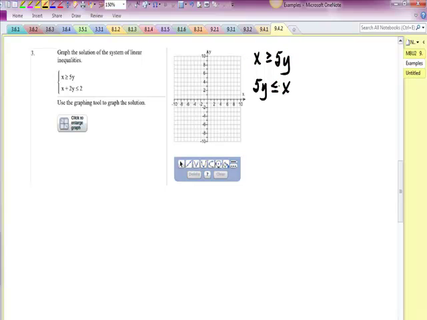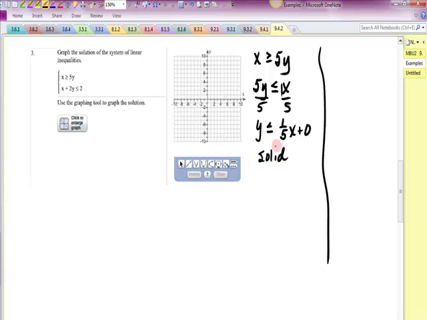When you turn it around, the whole statement turns around. Now divide by 5, and you have y is less than or equal to 1/5 x, because of the implied 1, plus 0. This symbol is solid line, and it is shade below because I turned it around.